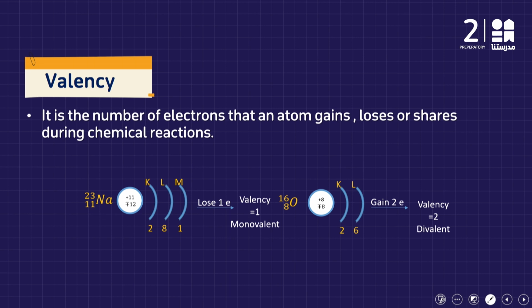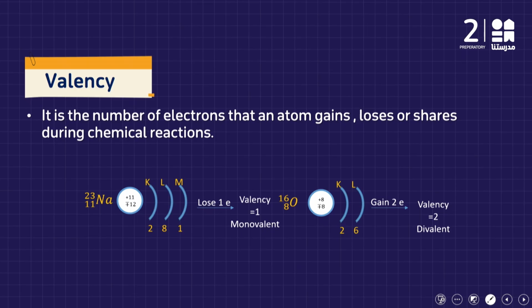Sodium is a metal. What happens during a chemical reaction? When sodium takes part in a chemical reaction, it tends to lose its outermost electron, giving it to another element.